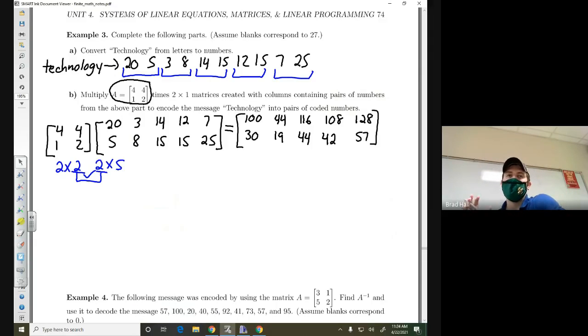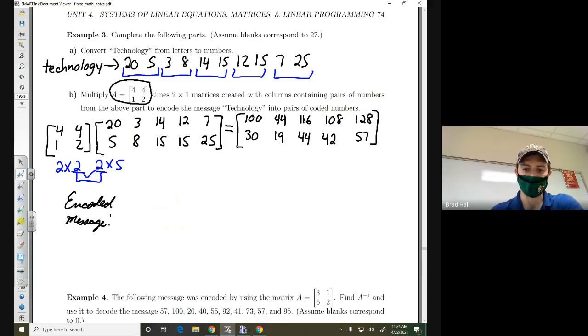So the encoded message, the conclusion of this problem, is what you would send out if you were sending this to somebody else who wanted this to be encrypted. You would read in the same order that we placed the numbers in. So that would be column down, and then we keep going to the next column and going down.